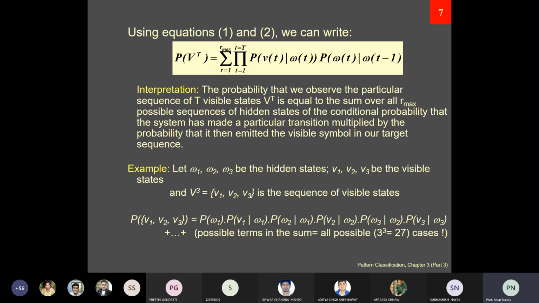Now let W1, W2, W3 be the hidden states, and V1, V2, V3 are called the visible states.